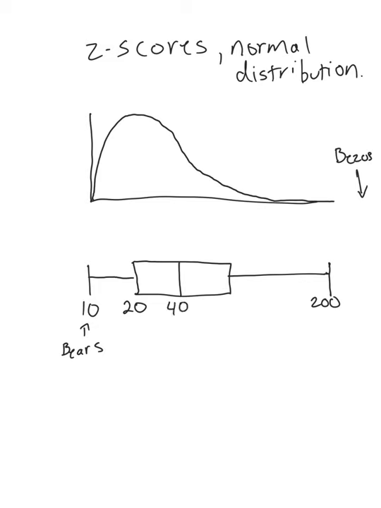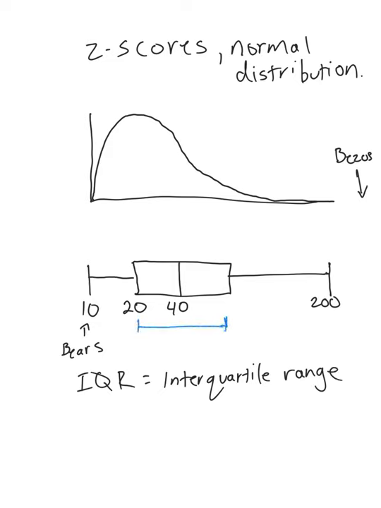And then they only give you the interquartile range, the IQR. The interquartile range is just a fancy way of saying this distance right here.